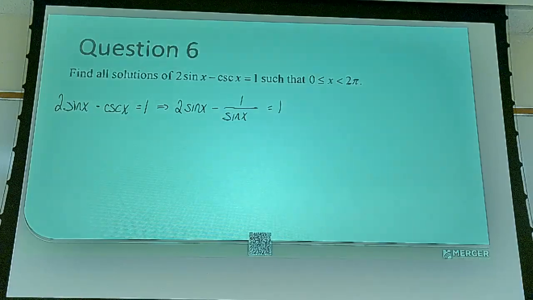When solving equations that involve rationals, technically this isn't a rational, right? Rational is a polynomial, but you multiply to get rid of the denominator, right? You clear out denominators.